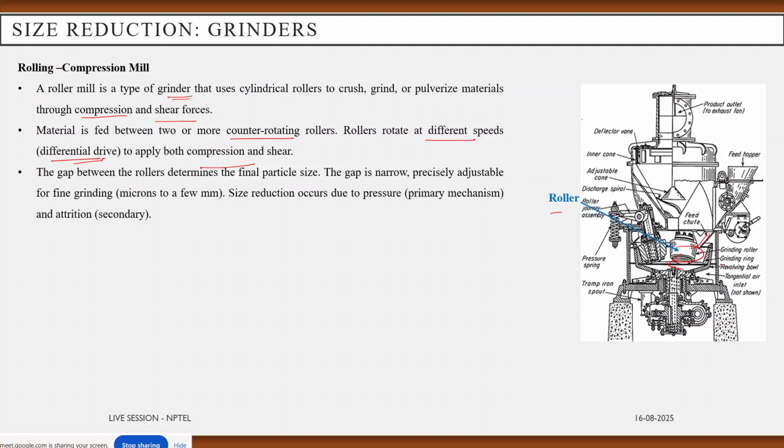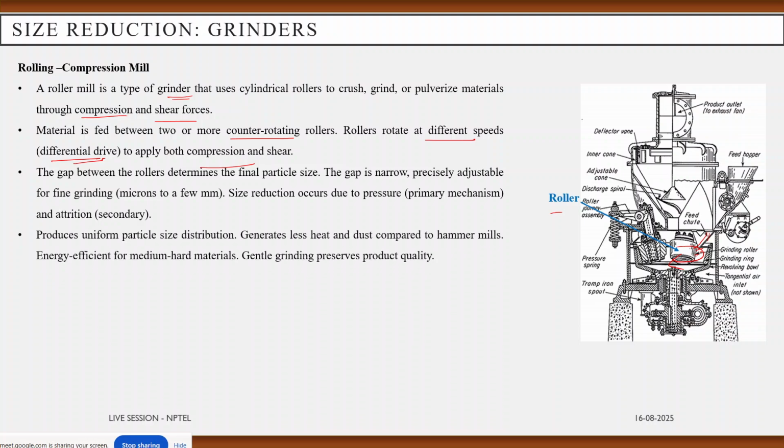So here the grinding roller and grinding ring is there. So material will be here, and after the pressure starts acting as the primary mechanism, they will pass through this opening, and they perform very fine grinding.